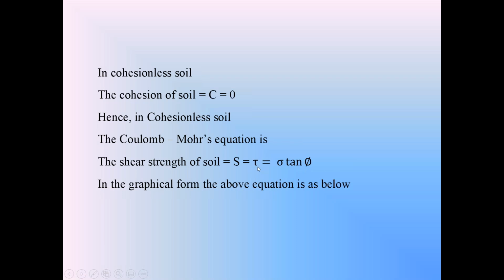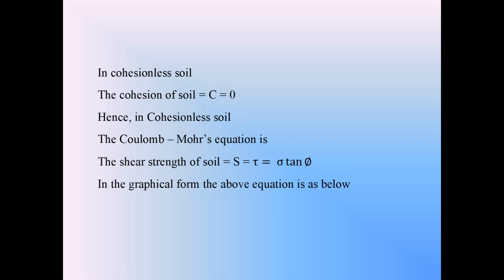Now check this equation. According to the Coulomb-Mohr equation, in cohesionless soils, the shear strength of soil is tau is equal to sigma tan phi. Sigma is the normal stress, tau is the shear stress in the soil, phi is the angle of shearing resistance of soil.